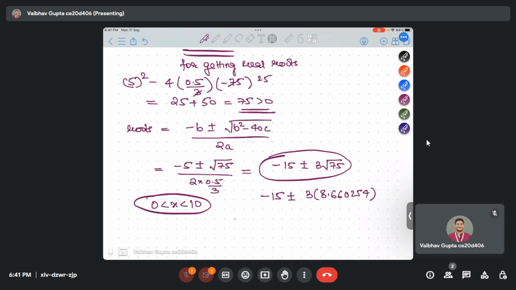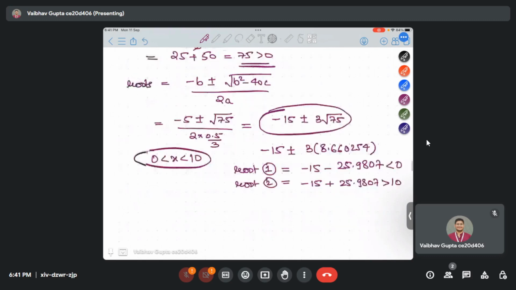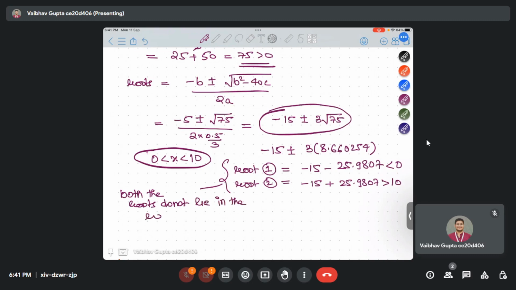So root 1 will have the value of minus 15 minus 25.9807, and root 2 will have the value of minus 15 plus 25.98. So one is less than 0 and the other is greater than 10. So both roots do not lie in the range of our domain, that is x from 0 to 10.